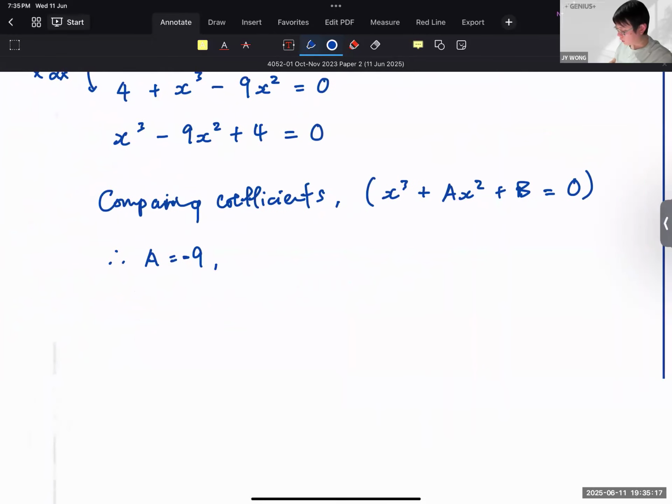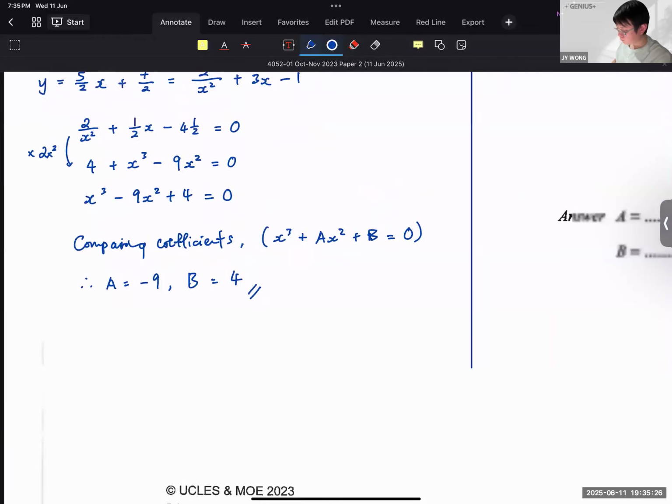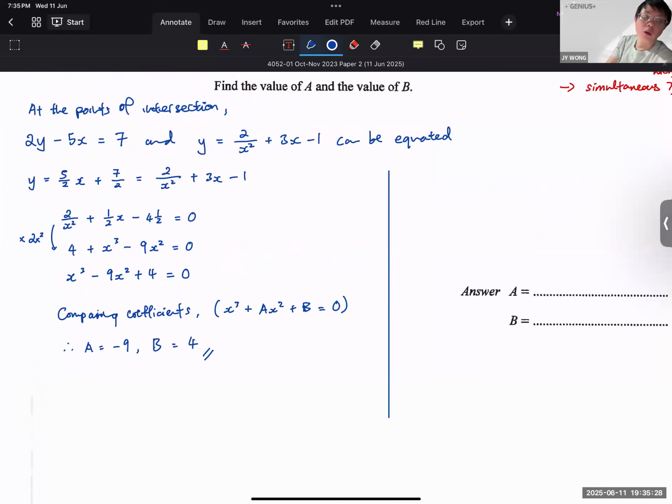So a equals -9. b equals 4. So this is also by manipulation of equation that we have seen before.